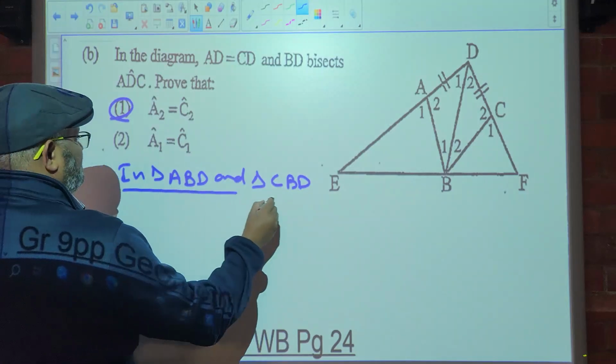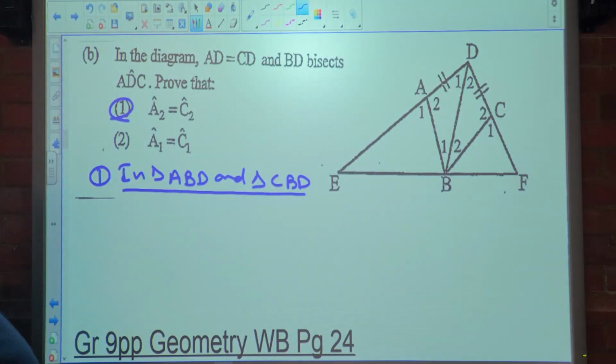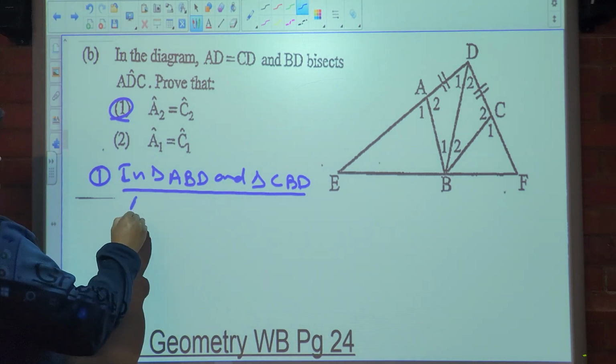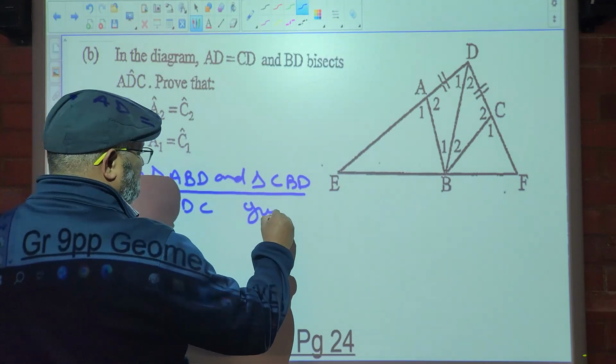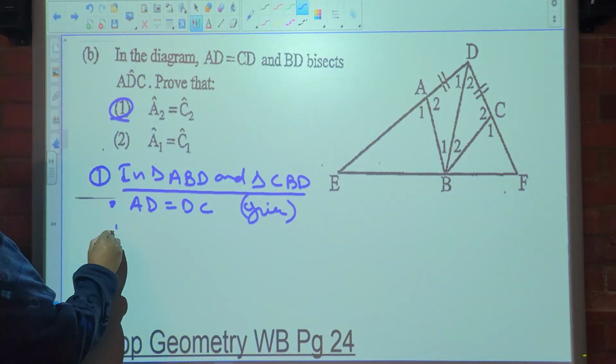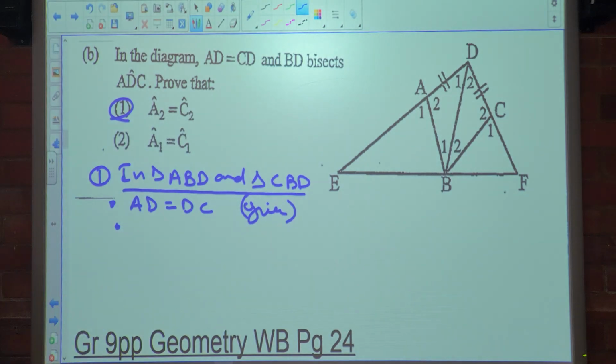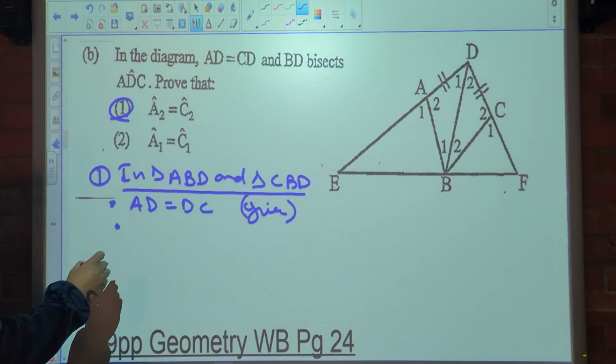Right. What can we say? AD is equal to DC. Why? Given. Next. DB is common, yes, nice.